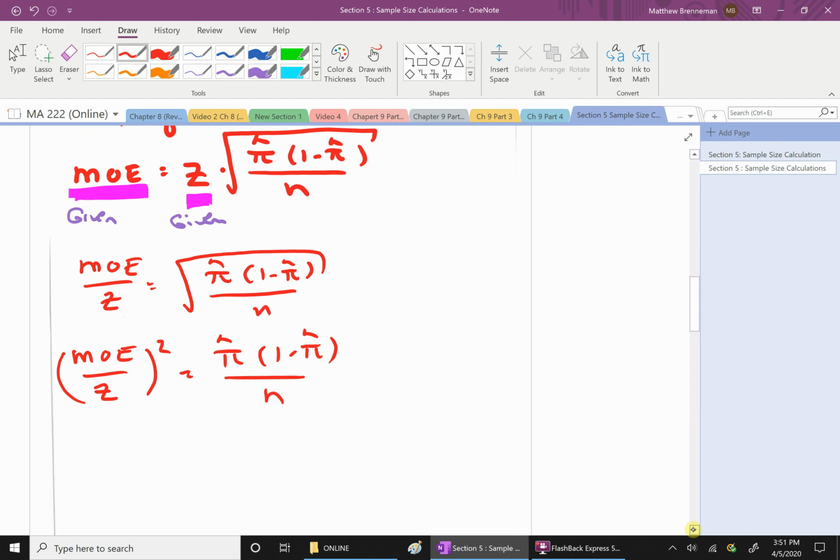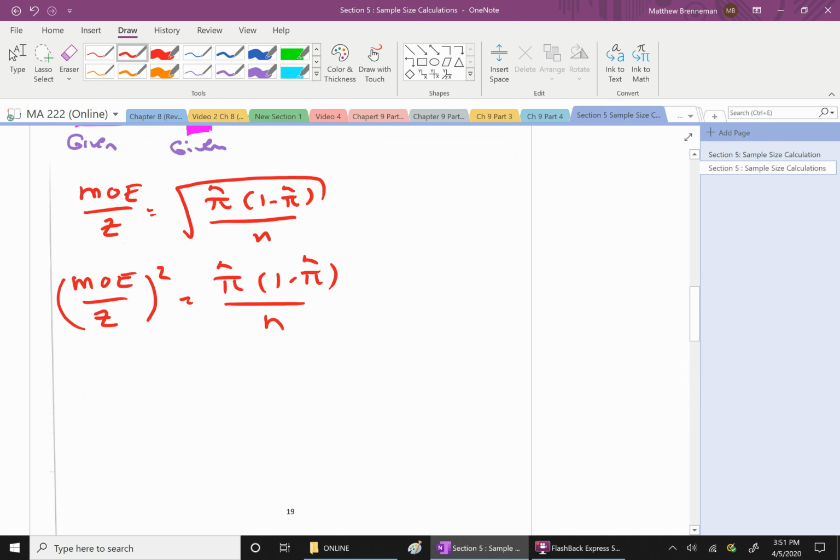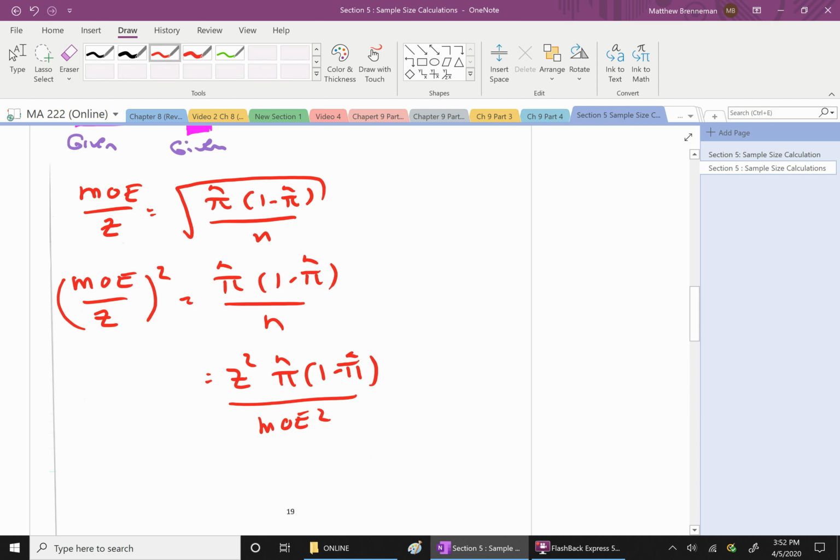And we could cross multiply here, if you wanted to. So I'm going to have n times the margin of error squared is equal to the z-score squared times pi hat times 1 minus pi hat. And now I can just divide both sides by the margin of error squared, and this will tell me my sample size.